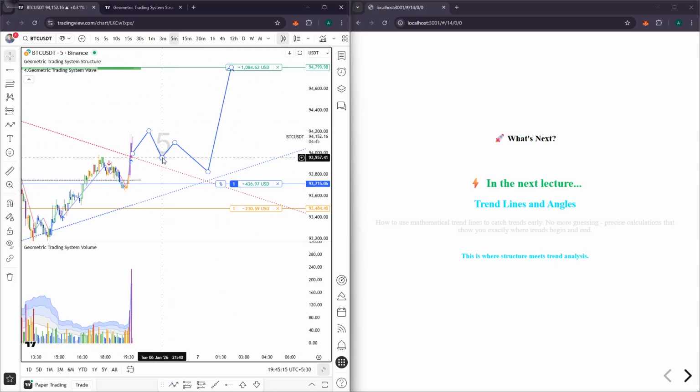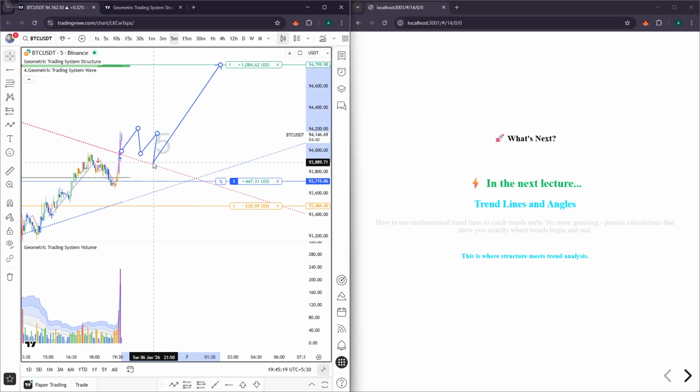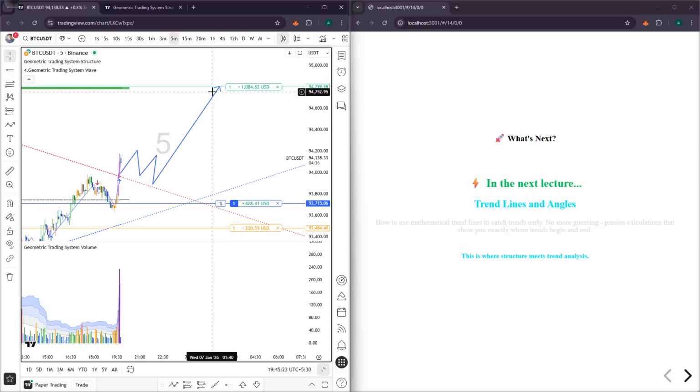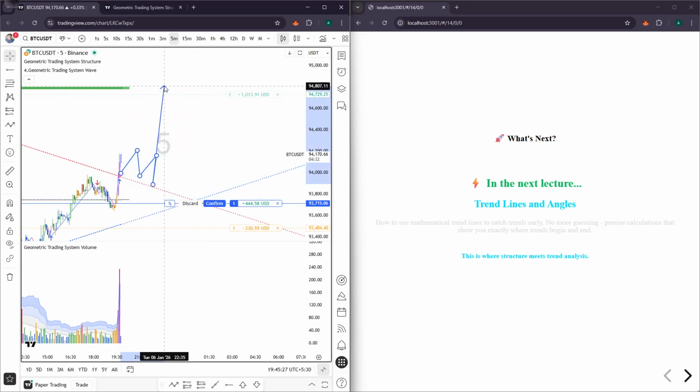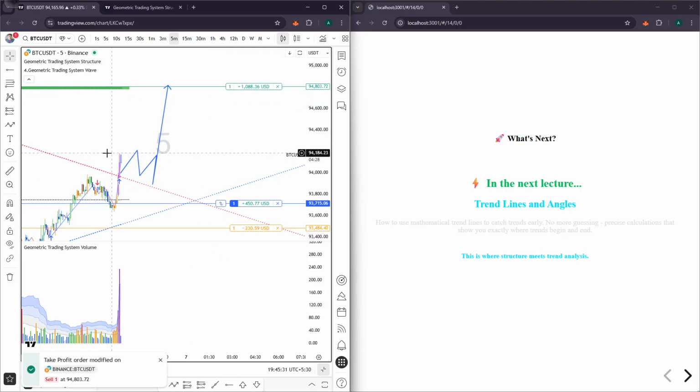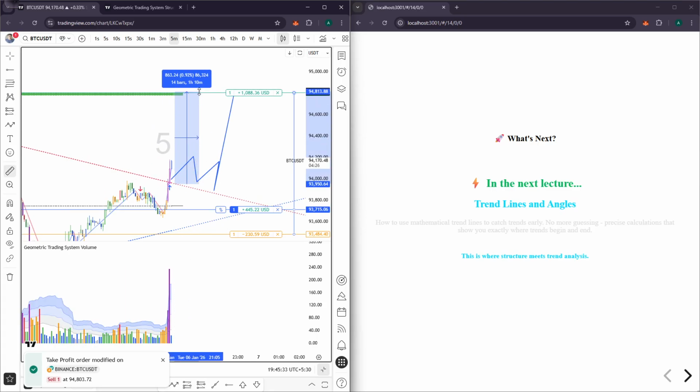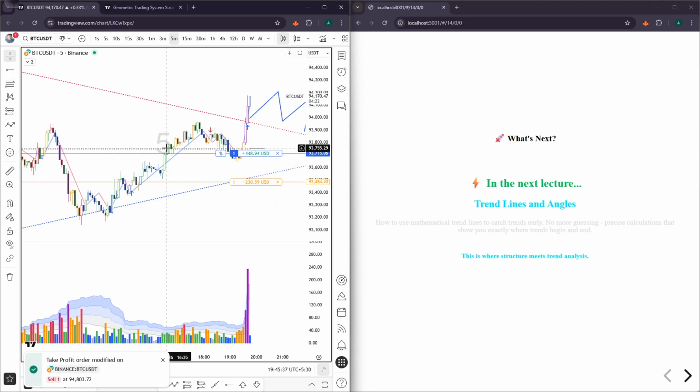Right now the volume is very strong, so I'm just hoping that it goes up. I mean, I'm not hoping, but the volume will show me how the trade is going to play out. As you can see, it's just going vertically. So yeah, guys, live example.